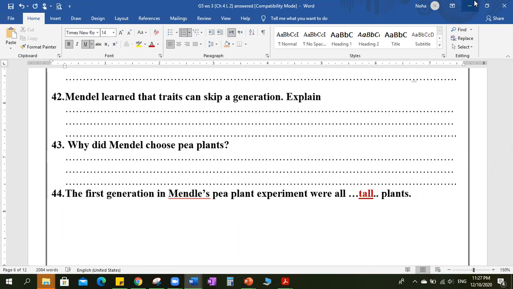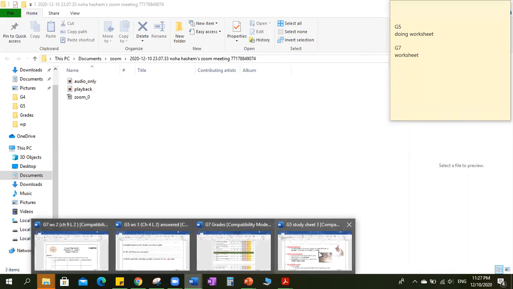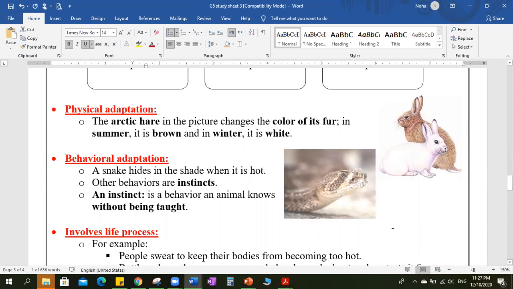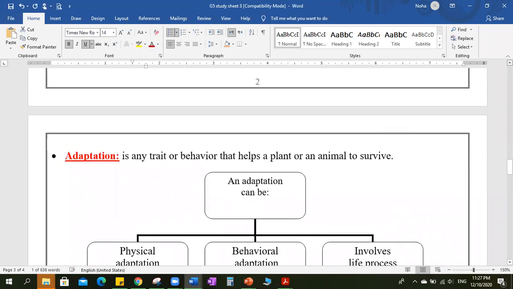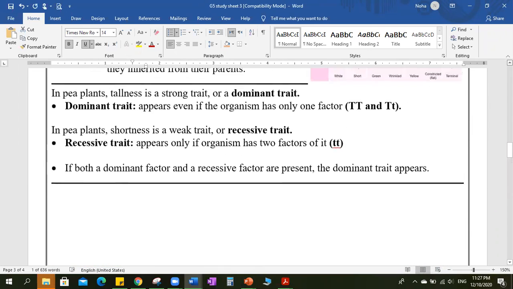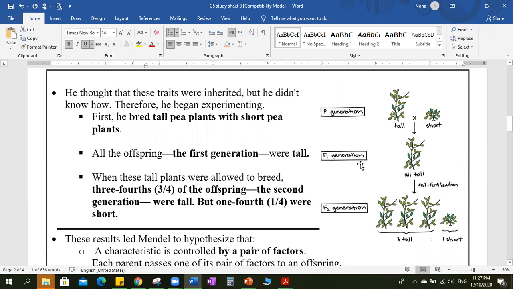plants. If we went back to the experiment, you guys will see in here that in the first generation all the plants were tall because they had both dominant and recessive trait, but because the dominant trait, which is tallness, was the stronger one, that's why it was the most expressed.